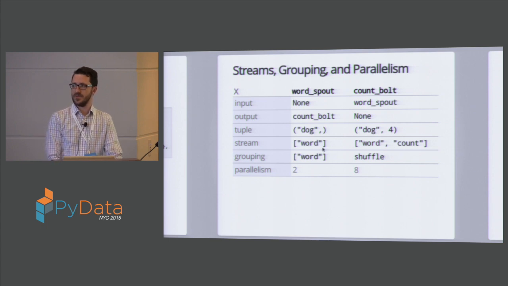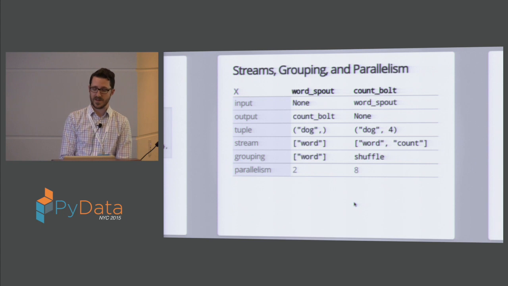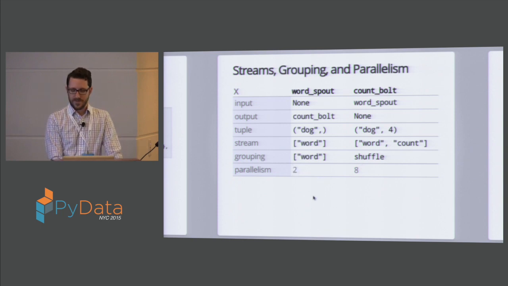You can see we've got this word fields grouping on the word spout, but we didn't explicitly set up anything downstream from the counting bolt. If we did, the default grouping is what's called the shuffle grouping, where it just picks a random executor every time, so no particular instance of anything downstream would get the tuples from this. And again, we have the parallelism set to 2 and 8, respectively.